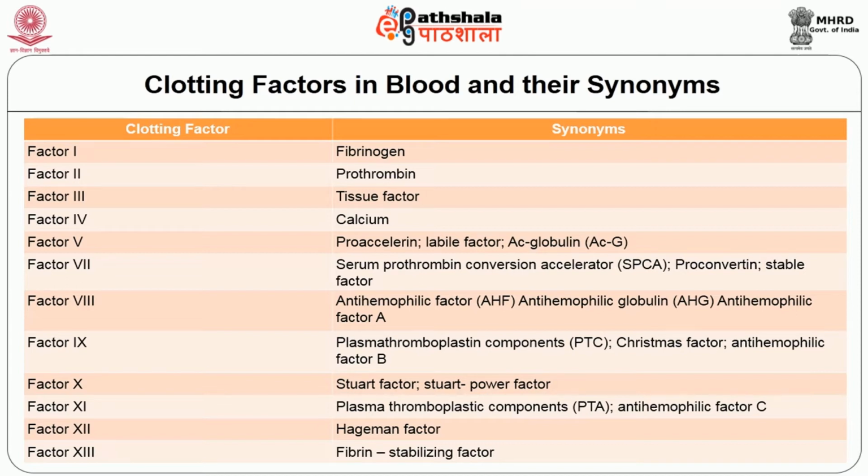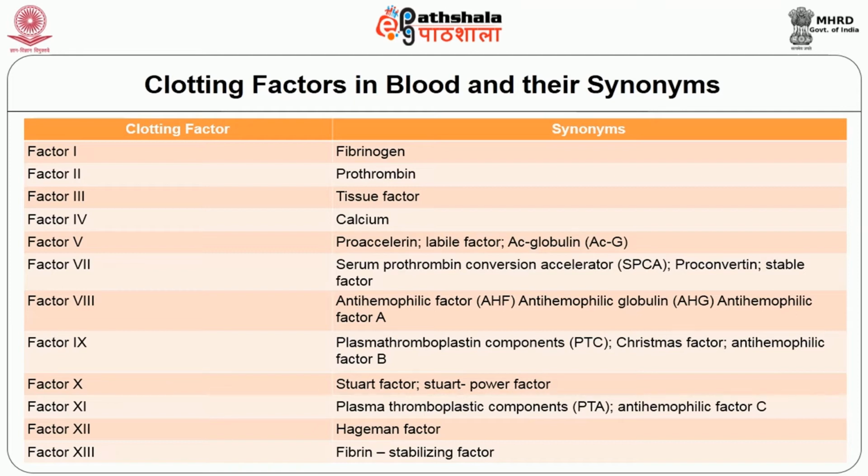Factor 11 is plasma thromboplastin antecedent. Factor 12 is Hageman's factor. Factor 13 is fibrin stabilizing factor. All these clotting factors are normally present in the inactive form in the blood.